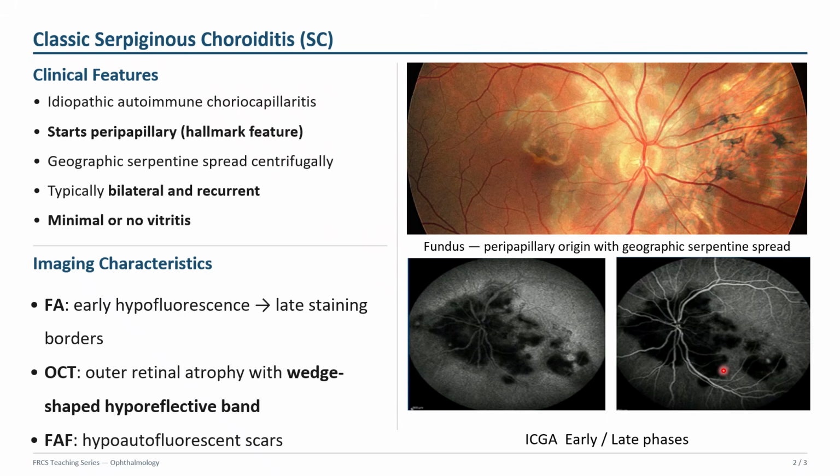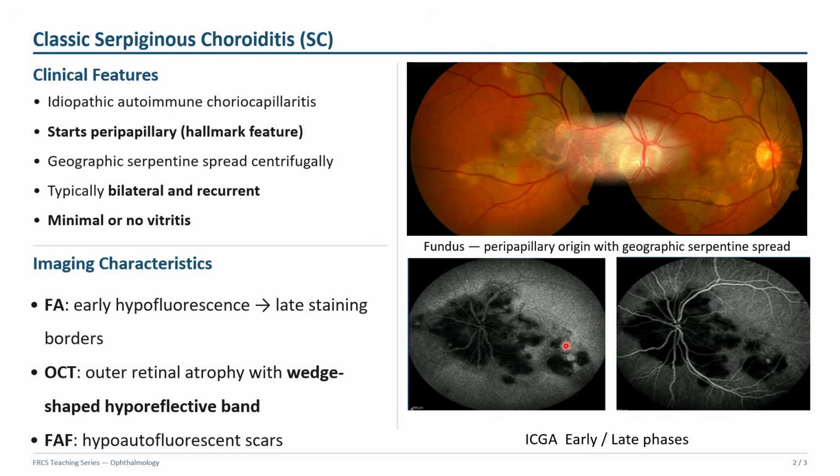Apart from the laboratory investigations, like the interferon gamma release assay and the tuberculin test, we have to do the fluorescein, the OCT, ICG, and fundus autofluorescence. All these are very important. So this is another picture of the classical variety of serpiginous choroiditis. You can see clearly it is peripapillary and spreads in amoeboid fashion.